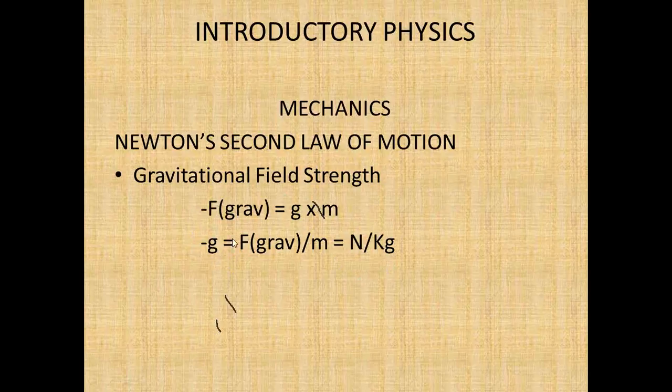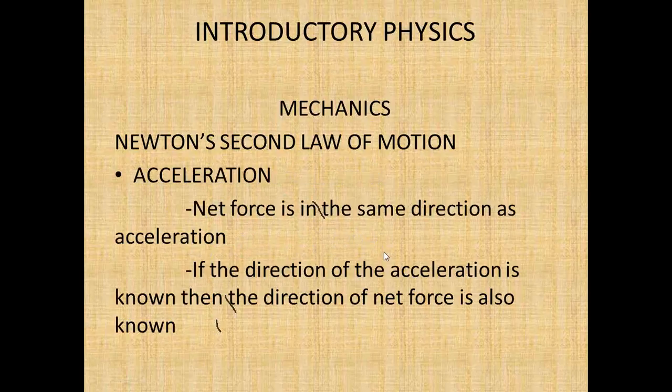So what this is saying is that meters per second squared, because remember this is acceleration due to gravity, is the same thing as newtons divided by kilograms. All right. Again, a net force is going to cause acceleration, and the acceleration is going to be in the same direction as the net force.